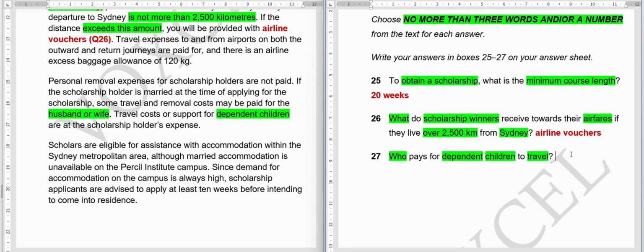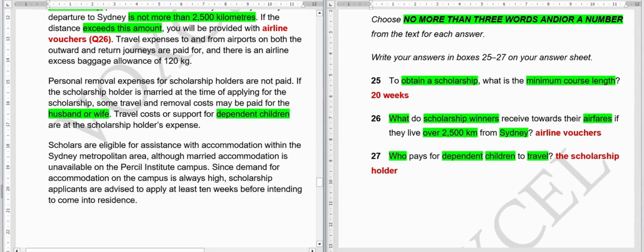Okay, time's up. I'm gonna write the answer here now. The scholarship holder. Whoever is the scholarship holder, he or she will have to pay for the dependent children.